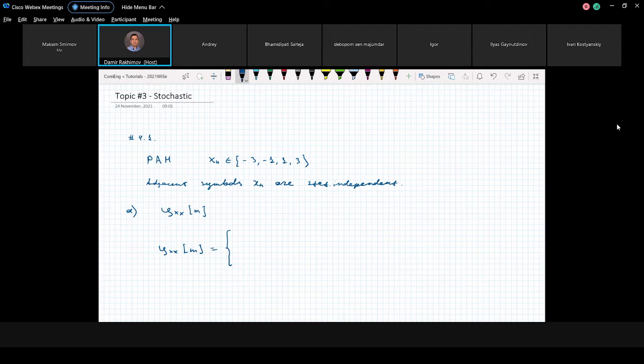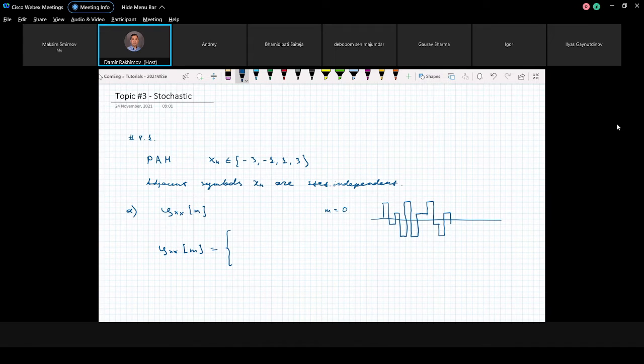We have to take this tabular form and the expected value. Actually, just imagine that you have m equal to 0, and on the right side I just show you a random sequence of symbols. This random sequence is absolutely random, no reason why it's like this. You can just draw your own.